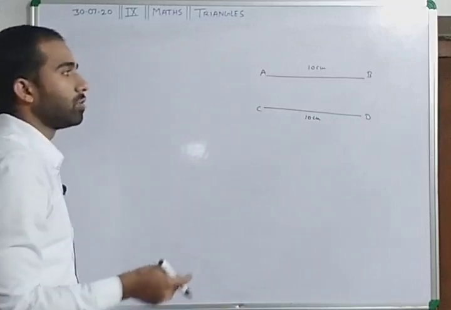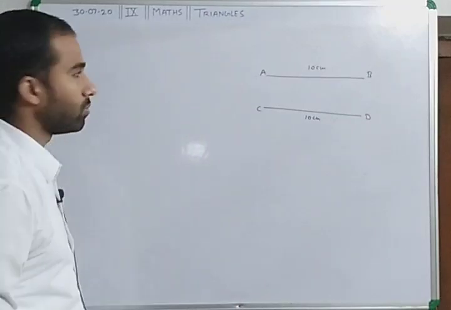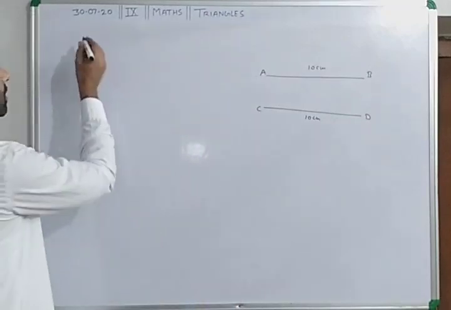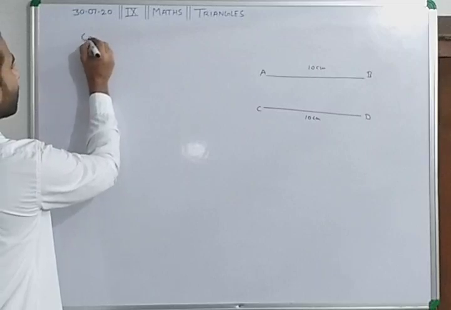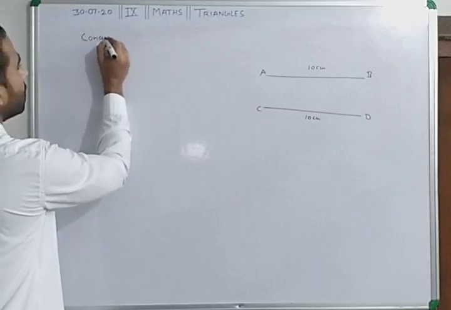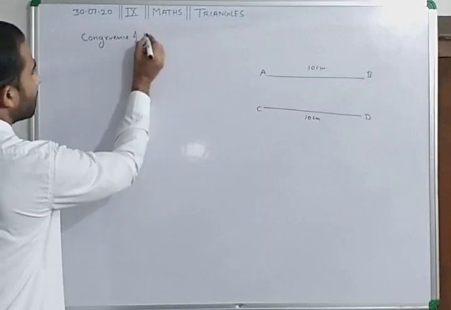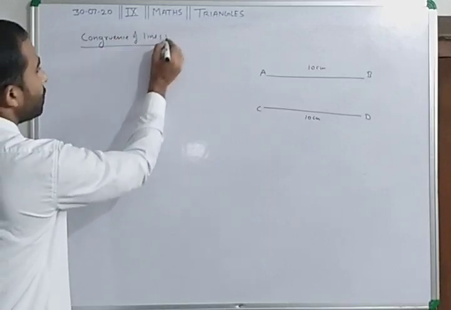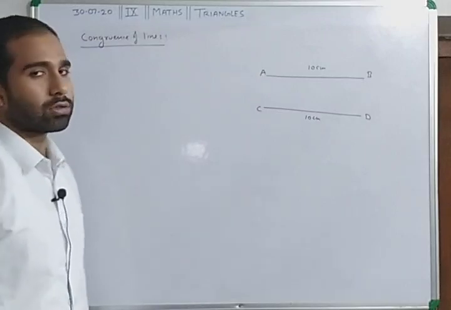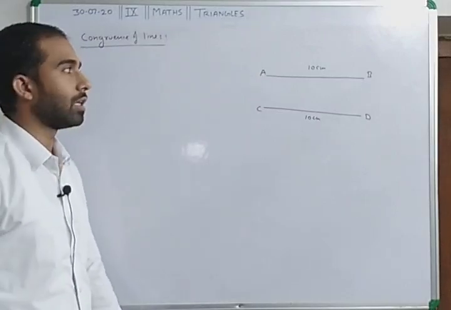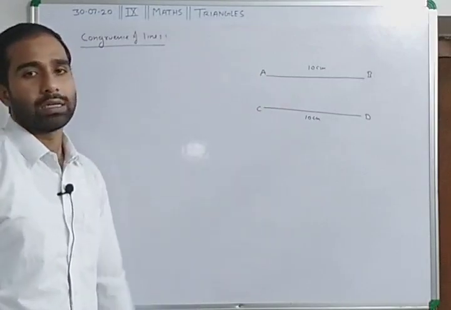So how can you represent the congruency between both of them? Congruence of lines: if two lines are congruent, definitely they are equal in length.